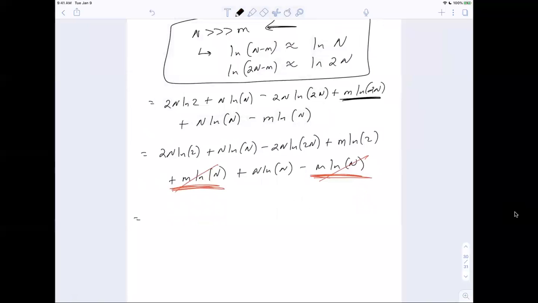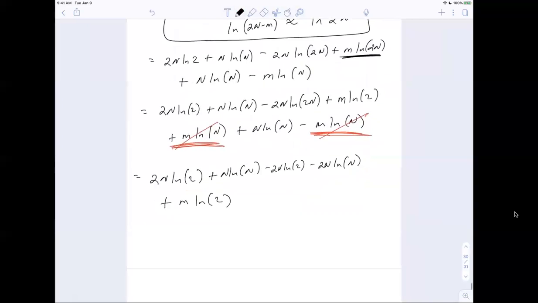So that gives us 2n log 2 plus n log n. So this is going to be minus 2n log 2 minus 2n log n, okay, plus m log 2 plus n log n.